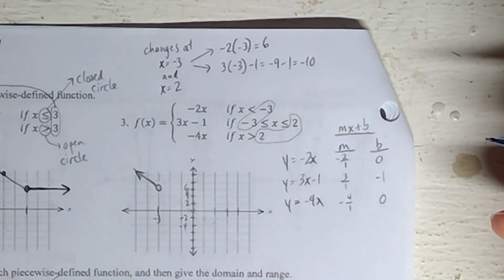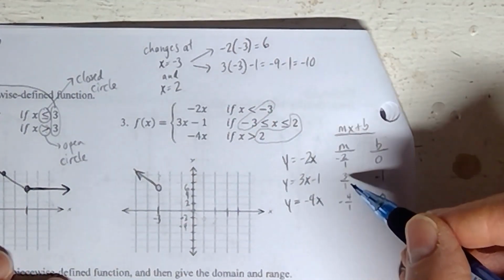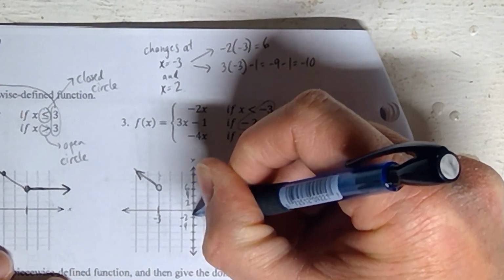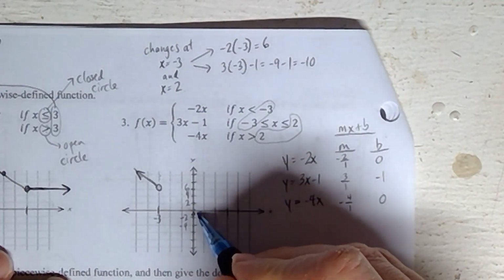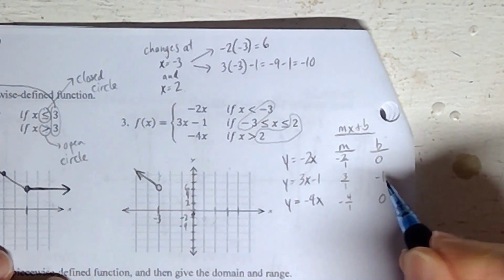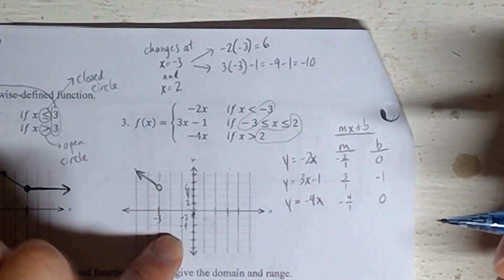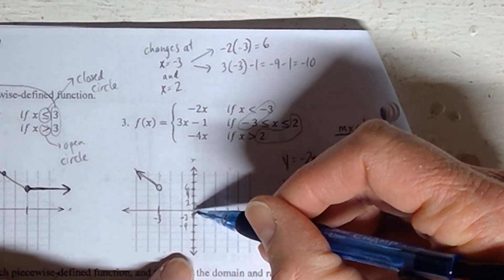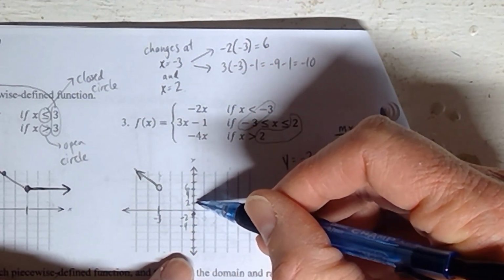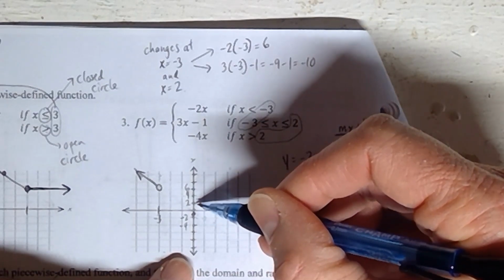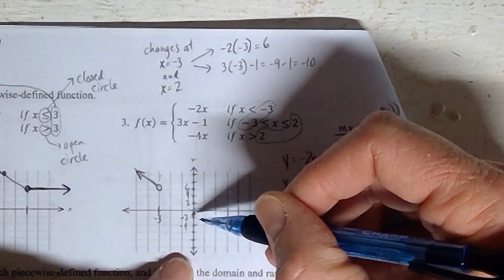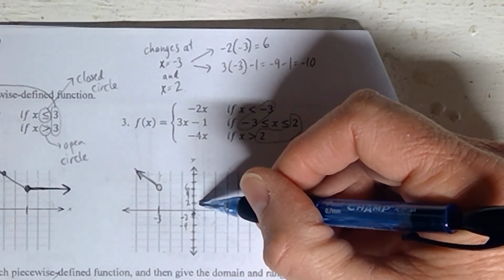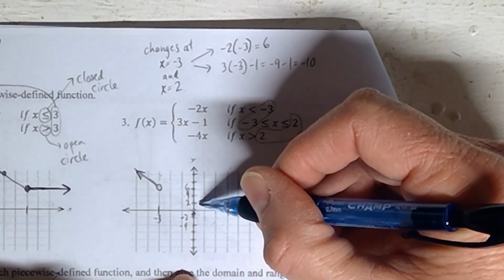So let's see here. This one right here, it starts out at the -1, which is halfway between 0 and -2 there for the b. But then because we're going up 3 and over 1, going from -1 up to 2, isn't that a distance of 3 right there? From -1 to 2. If we're in Chicago and we increased from -1 degrees to 2 degrees, isn't that a 3-degree increase?